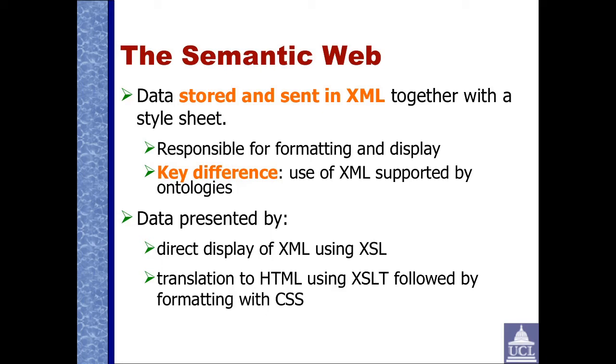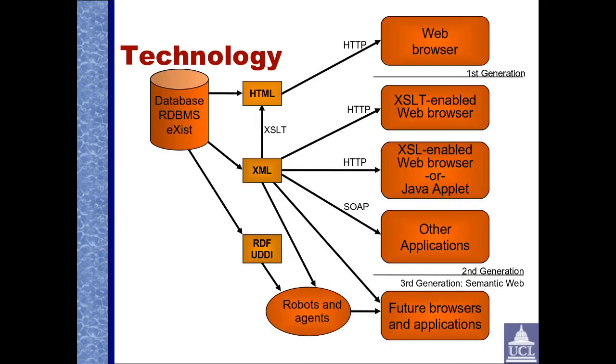And then the data would be presented by direct display of the XML using the extensible style sheet language, or by translation to HTML using XSLT, followed by formatting with CSS.